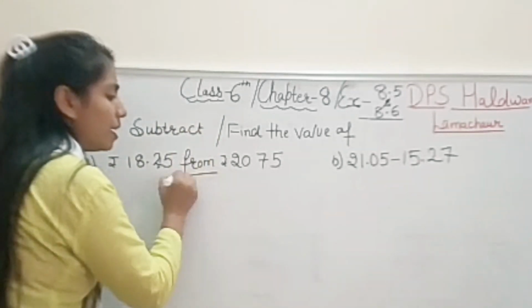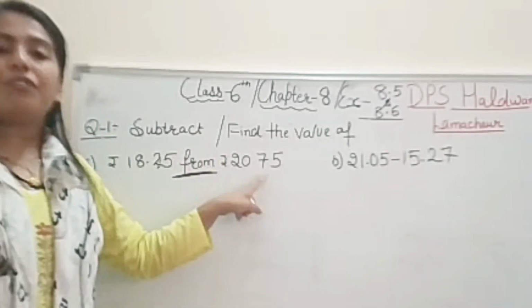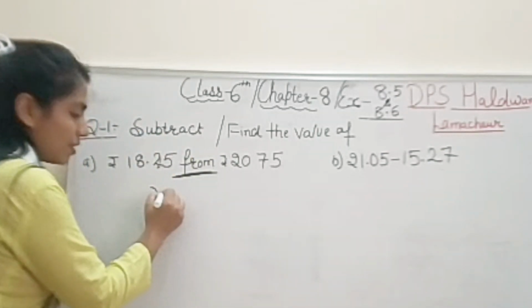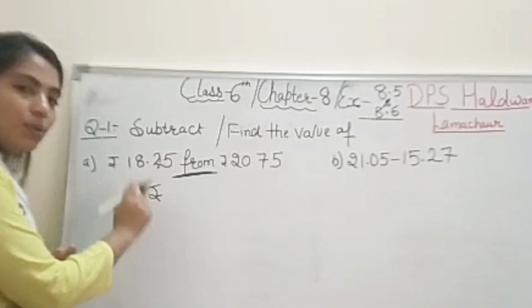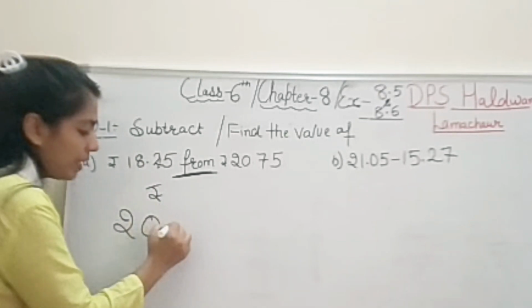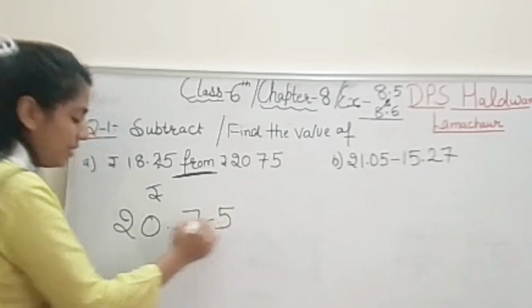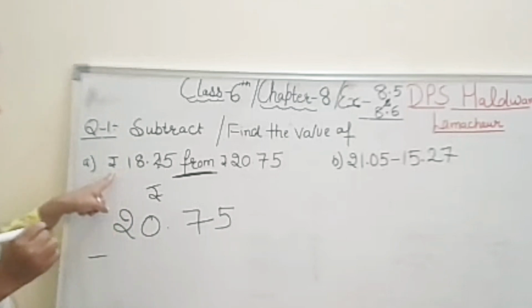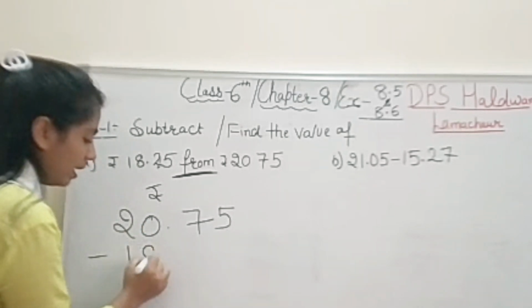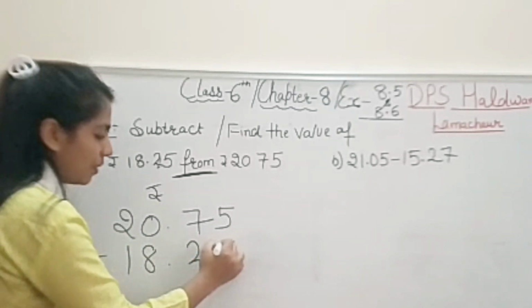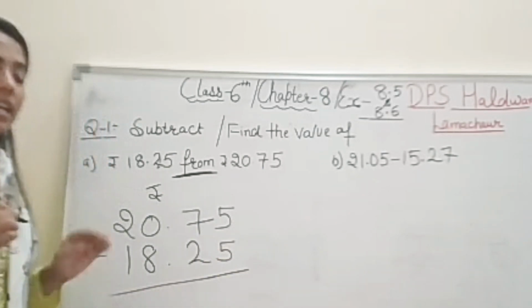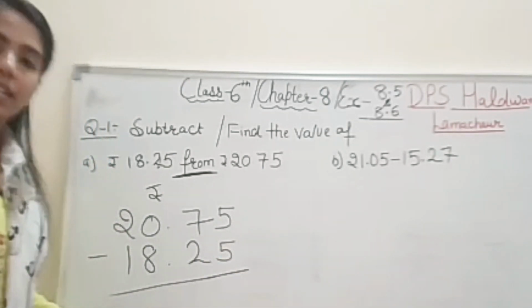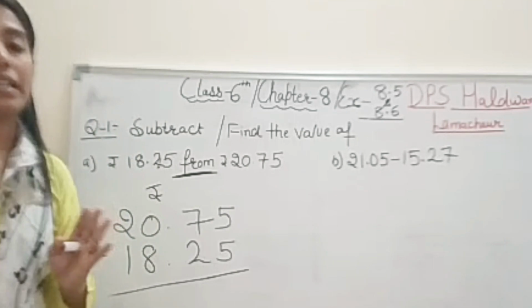Whenever from comes, it means the term after from will come first. So you will write it at the first, 20.75, and you will subtract this term, 18.25. Right students? If you write the right statement, then ultimately you will get the correct answer.